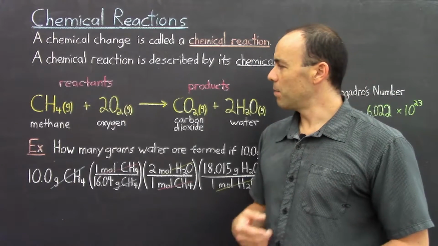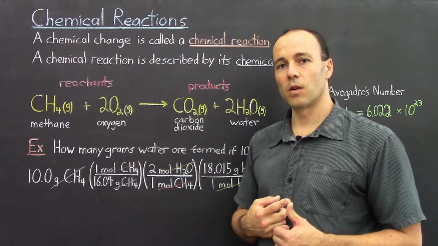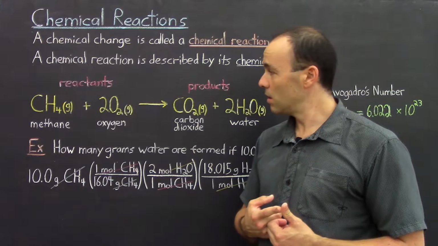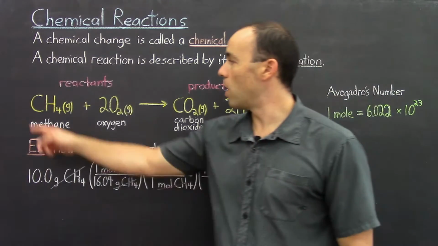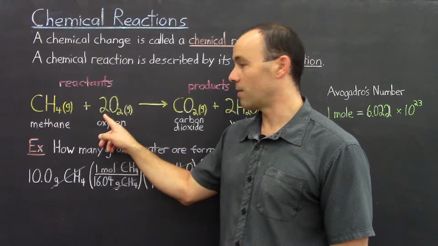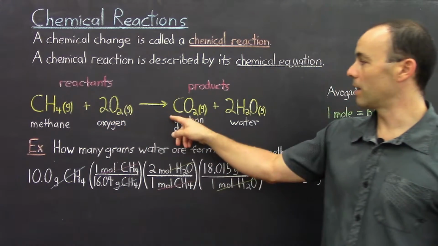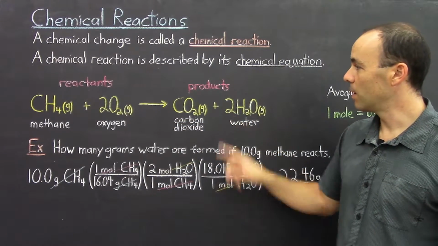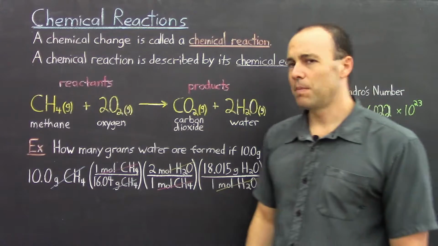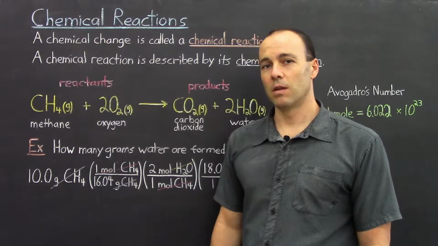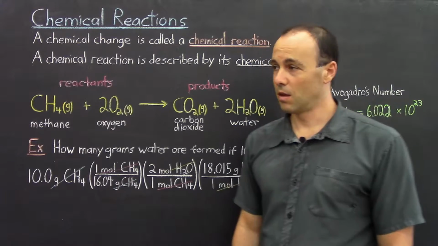Now, there are a couple of interpretations for this equation. One is the molecular interpretation. You would say that 1 molecule of methane reacts with 2 molecules of oxygen to produce 1 molecule of carbon dioxide and 2 molecules of water. That might be the simplest interpretation, but a more useful interpretation may be the mole interpretation.